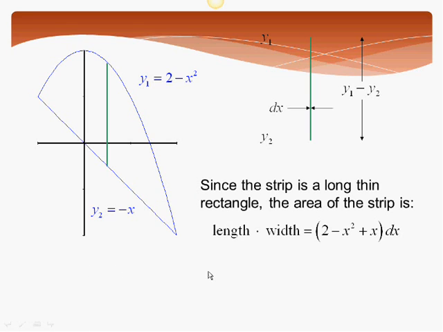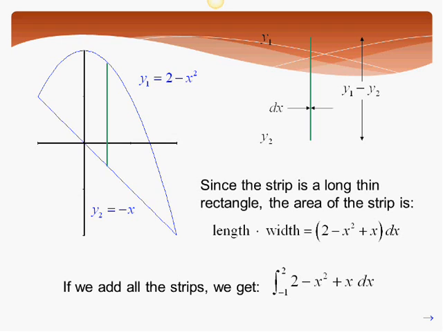So when I take my length times my width, I will get 2 minus x squared plus x, that's the length of my strip, times dx, that very thin little width of that rectangle I put in there. If we add up all those strips, we are technically integrating. So we are going to take the integral of the function 2 minus x squared plus x dx over the interval negative 1 to 2.